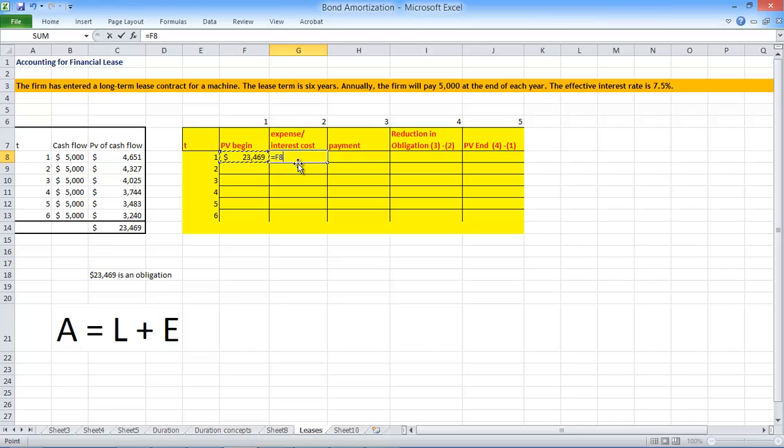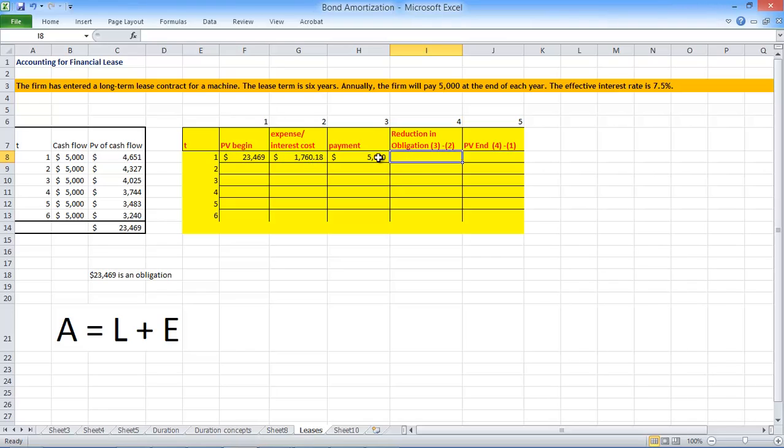So we have this obligation, so we're gonna pay an interest expense on that. So this times 0.075, that's your interest. This is our interest expense, but in the lease terms they're saying we have to pay $5,000. All right, but there's a reduction in obligation because you're paying 5,000 and your expense is 1,760.